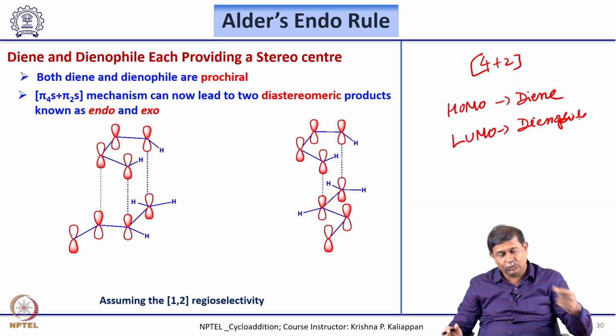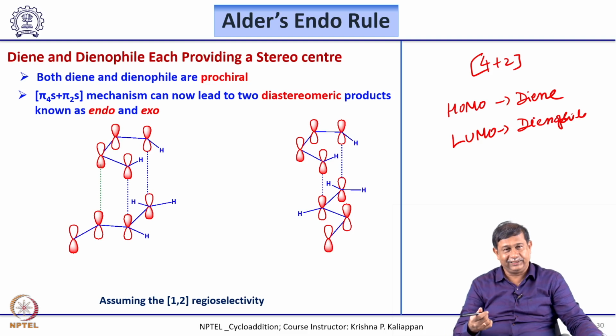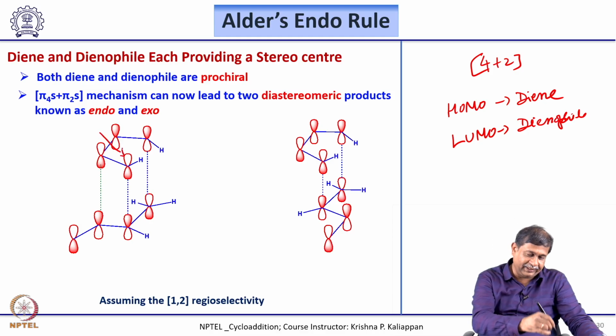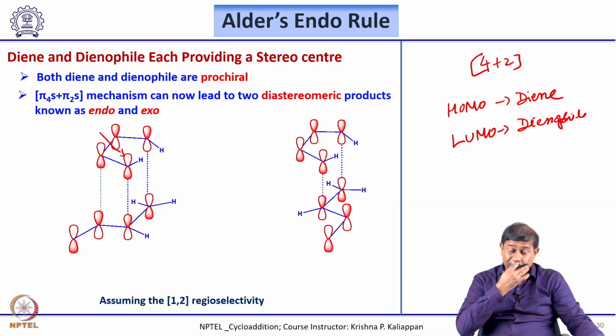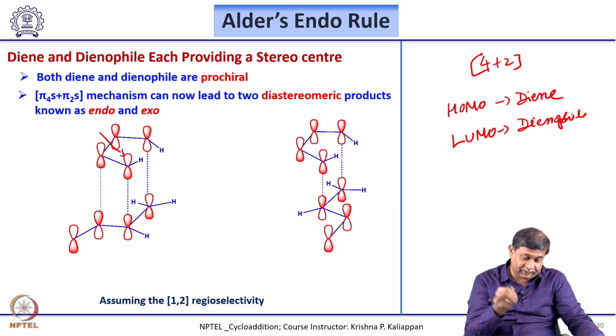The HOMO for the diene is psi 2, so it should have one node. You can see there is a node here, and for the dienophile it is the LUMO, so it should have two nodes, one here, one here.